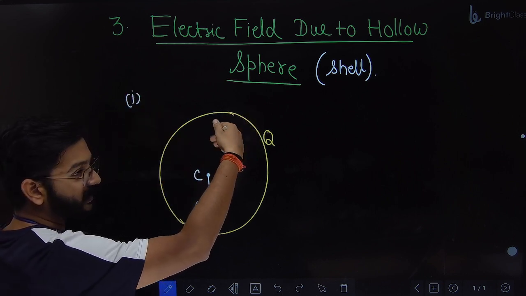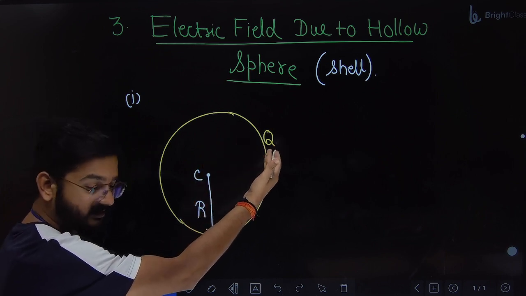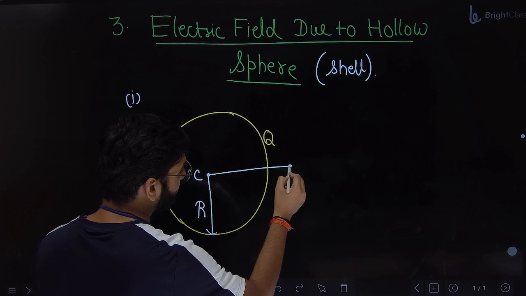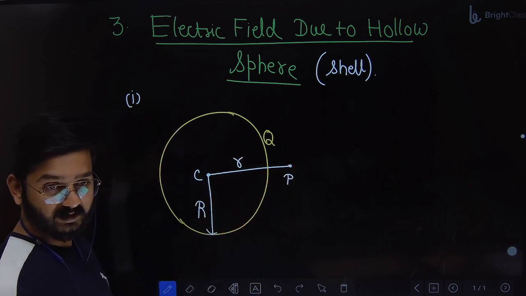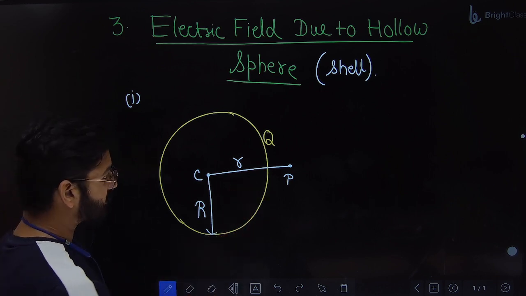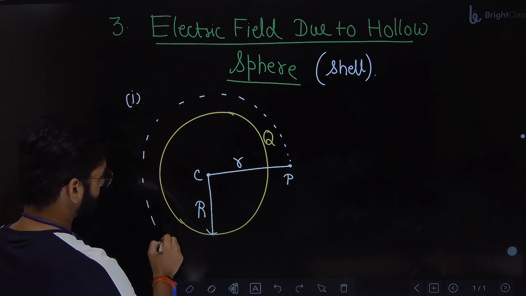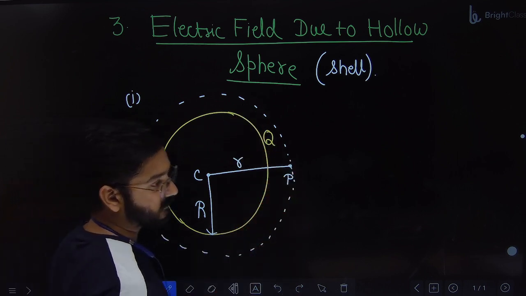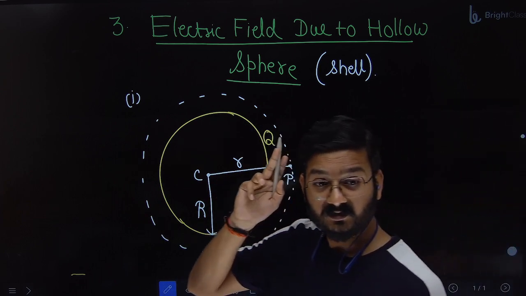So if I want a point outside, my Gaussian surface should be outside or inside? Outside, obviously. So suppose I want electric field at a point P, which is at a distance r. So my point is outside. So I will draw the Gaussian surface. The Gaussian surface should pass through that point where you want the electric field.